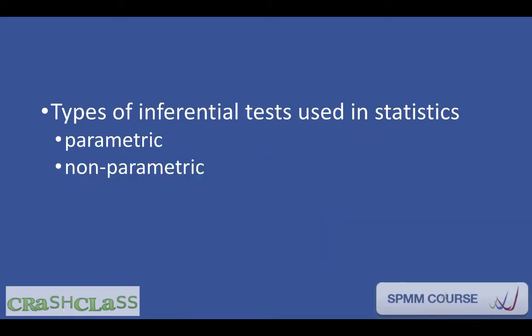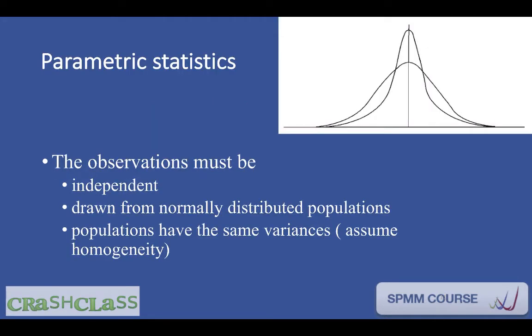Now, there are two types of inferential tests that we use in clinical research. What are they? Parametric statistics and non-parametric statistical tests. Parametric statistics can be used whenever there is a normal distribution. If you don't have a normal distribution, you have to use non-parametric statistics. But statisticians don't really like using non-parametric statistics.